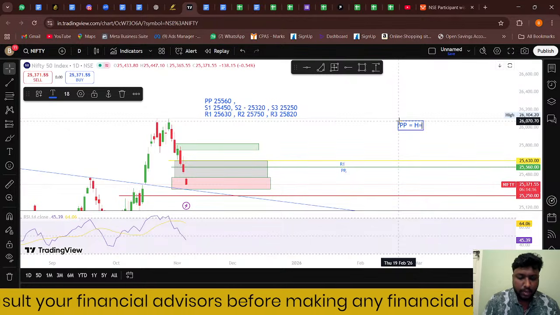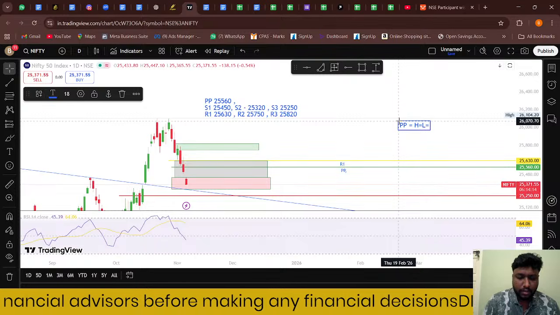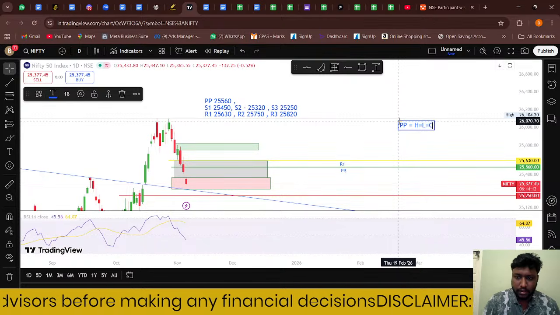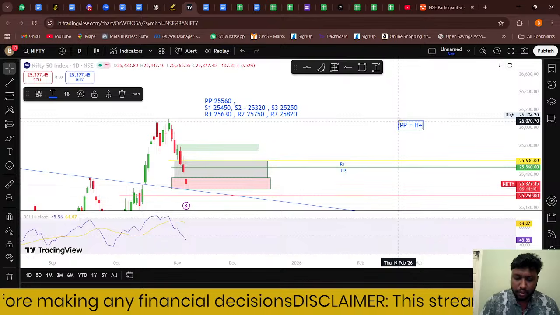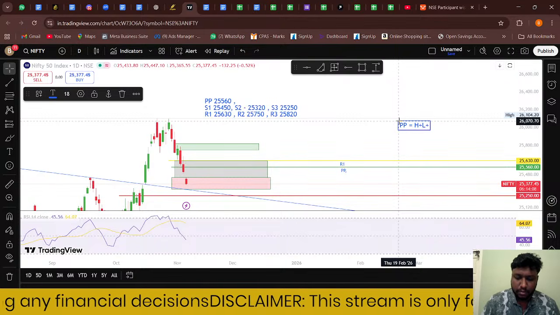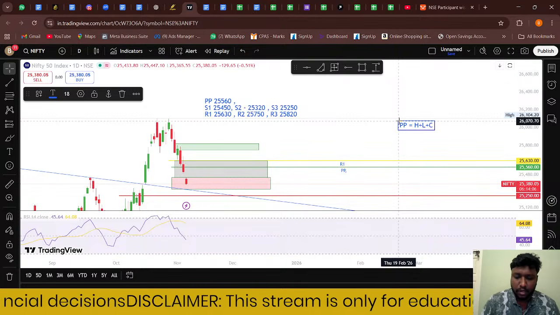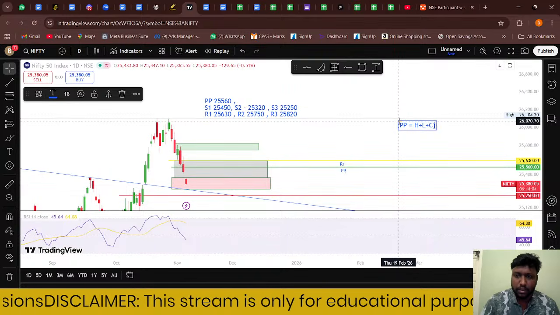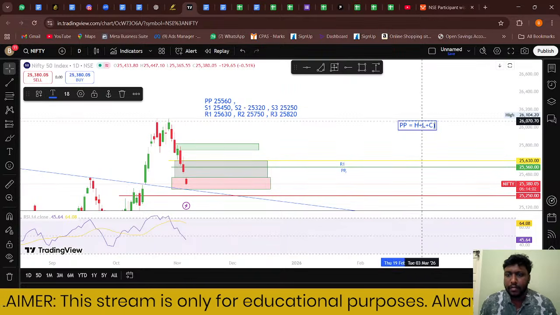high plus low plus closing, whole divided by 3. So all these will be calculated, and it will be divided by 3.